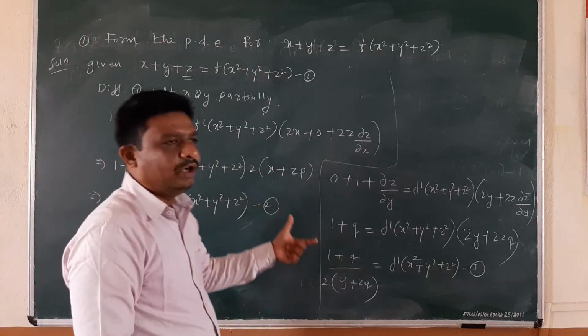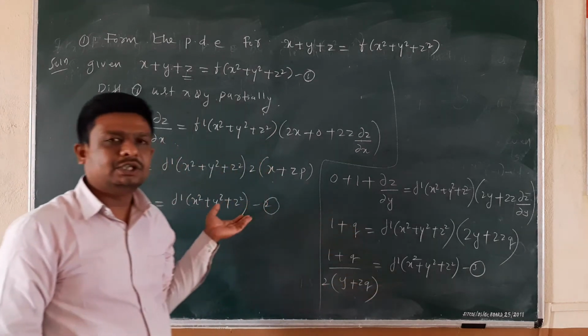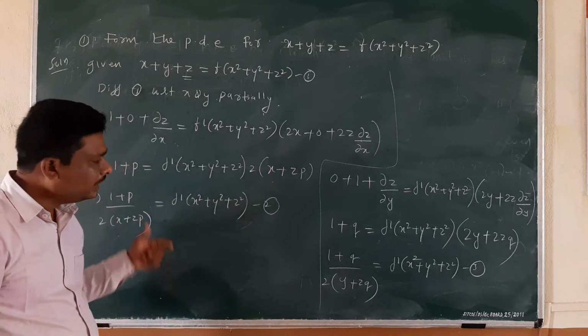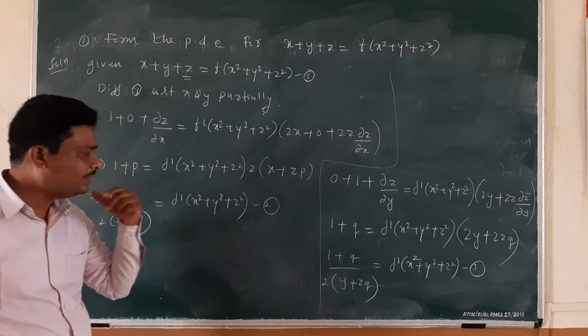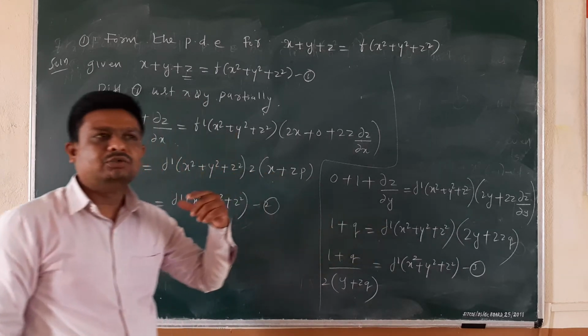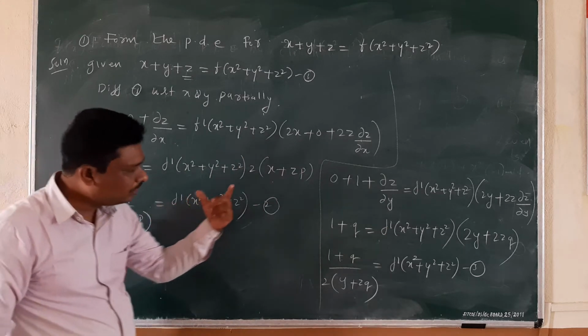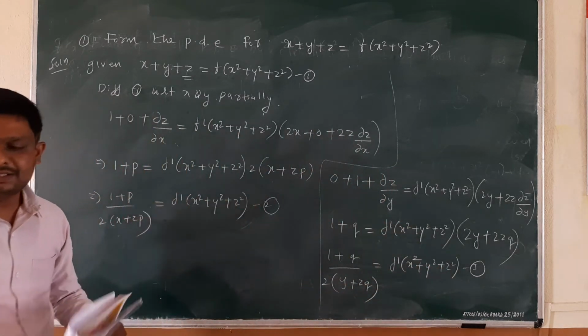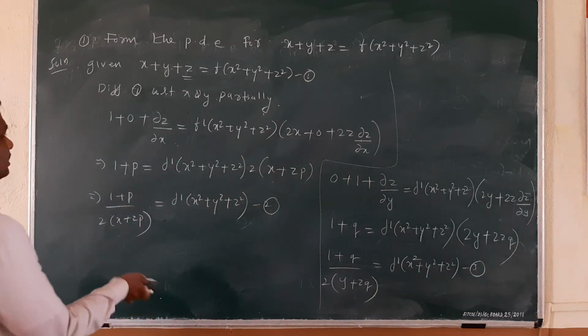Now here I have differentiated the given equation with respect to x as well as with respect to y. Now in the next step I will eliminate the arbitrary function. So for that I will compare equation number 2 and 3. In equation number 2 and in equation number 3, the RHS part is equal. If RHS is equal, obviously LHS is also equal.